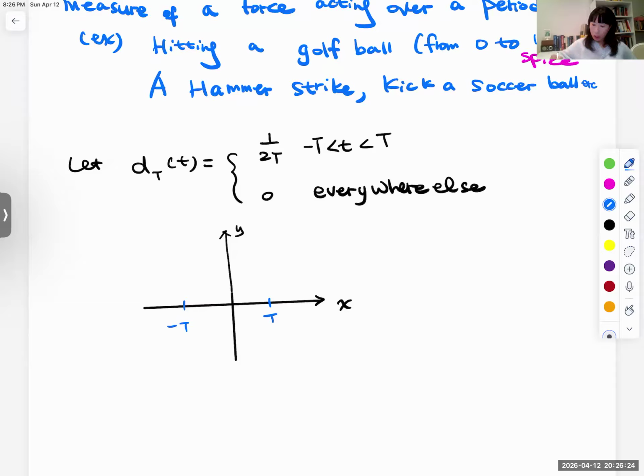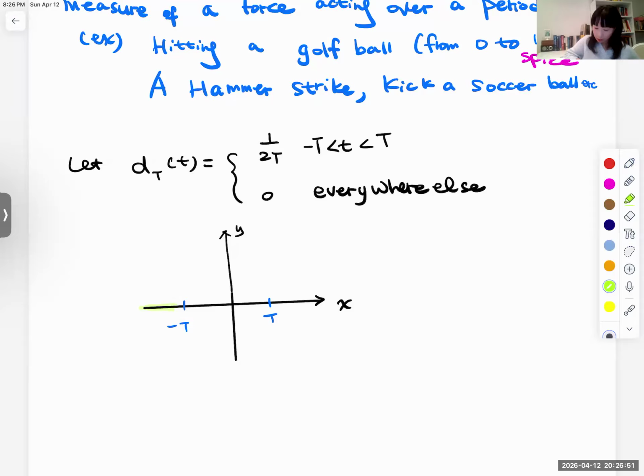If it's not between negative t and positive t, it is 0, right? So I will draw that.